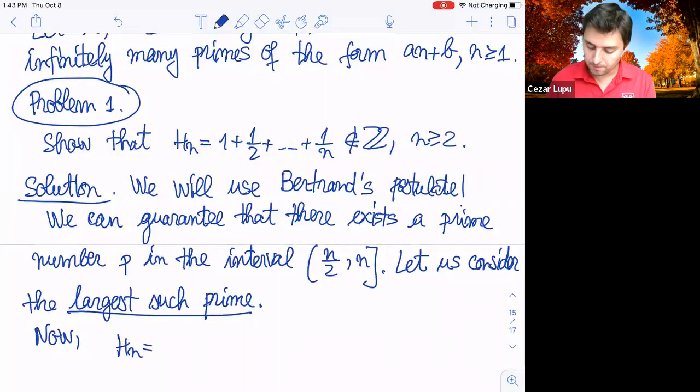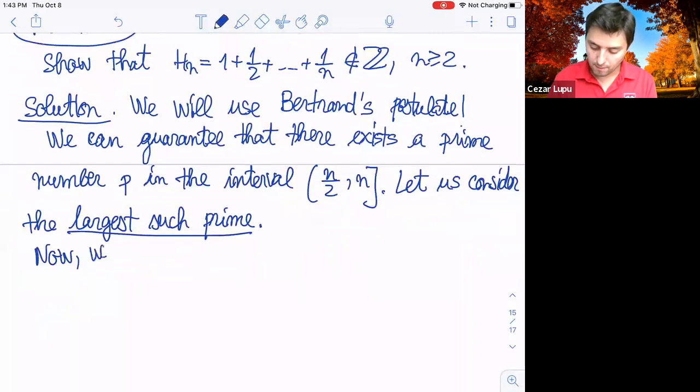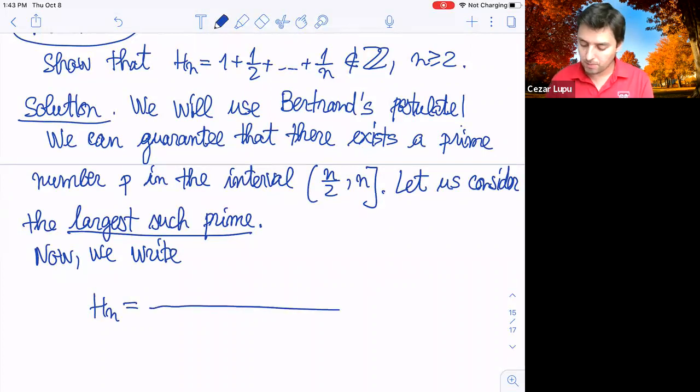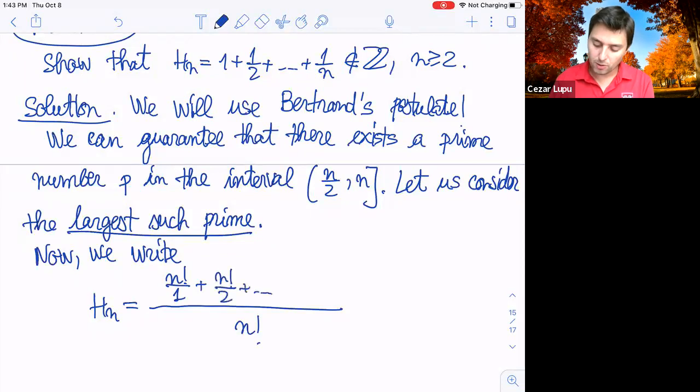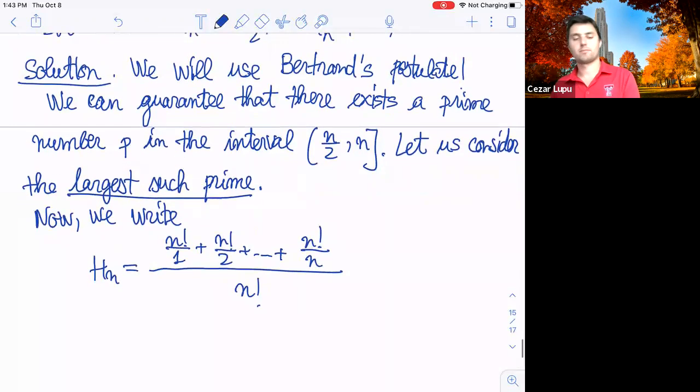I'm going to put n factorial on the bottom, and write the harmonic sequence as n factorial over 1 plus n factorial over 2 plus all the way to n factorial over n. I can do this. That's the tricky way of writing this.